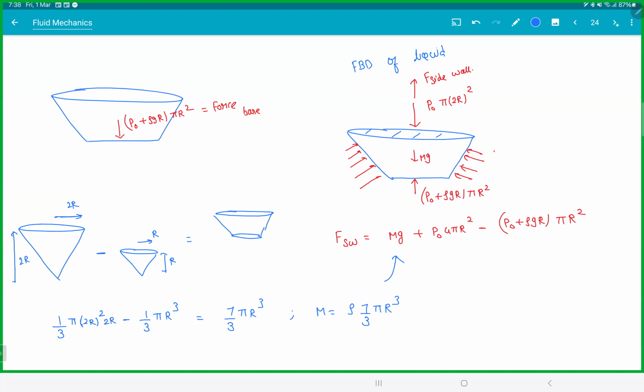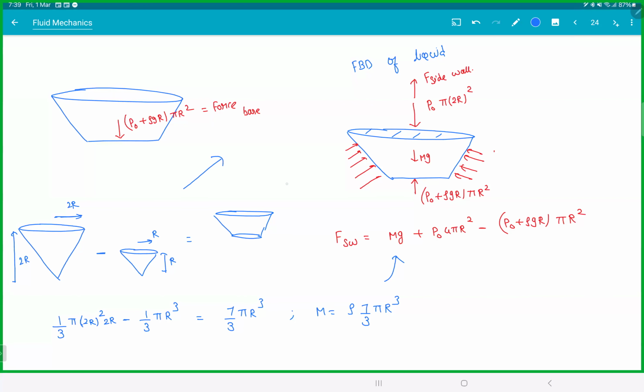Sir, but forces are acting on a line, we don't have to take that angle. Which one? This line, the walls. How many forces are there? Side wall, upper pressure, mg.